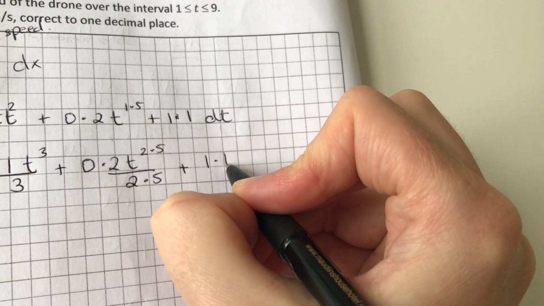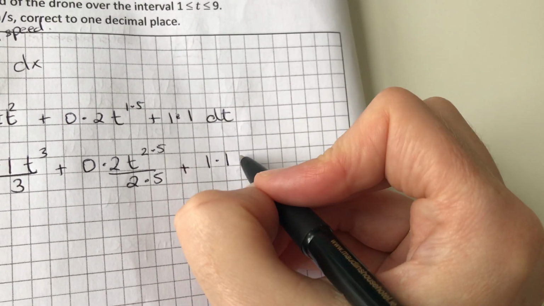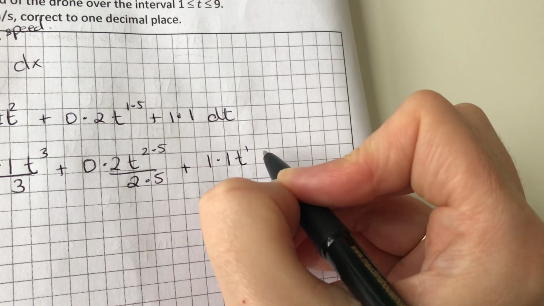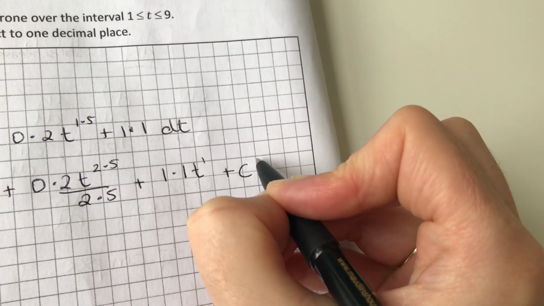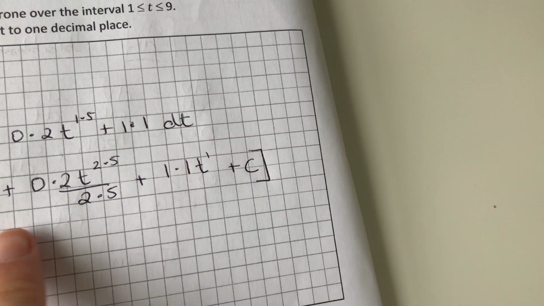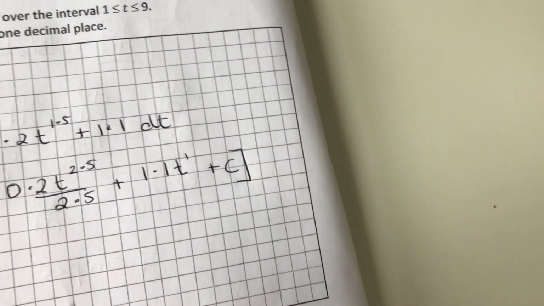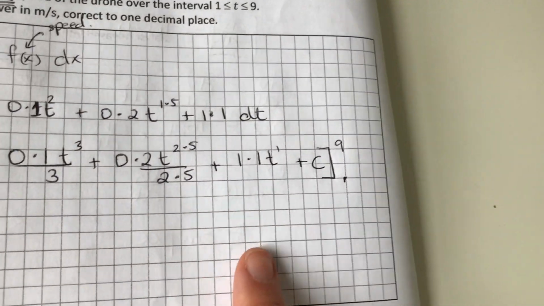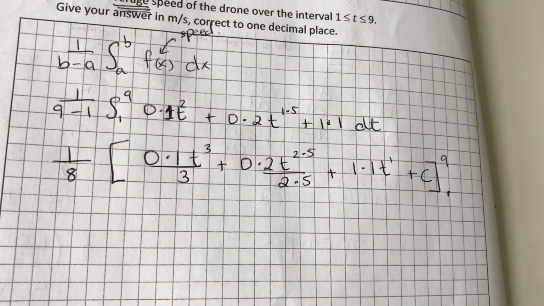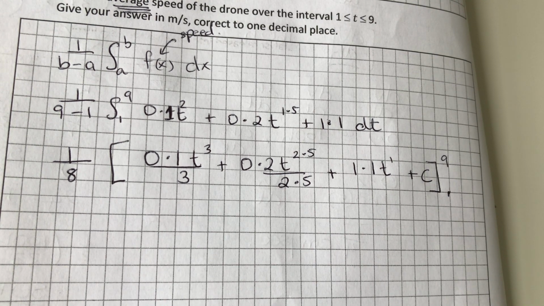Plus 1.1, so it was a t to the 0, so now it's t to the 1, divided by 1 isn't going to do anything, plus c. Now I know once I start subbing in my 1 and my 9 that c is going to cancel out, so that's fine. I don't need to find out what that c is, and that's what it looks like.